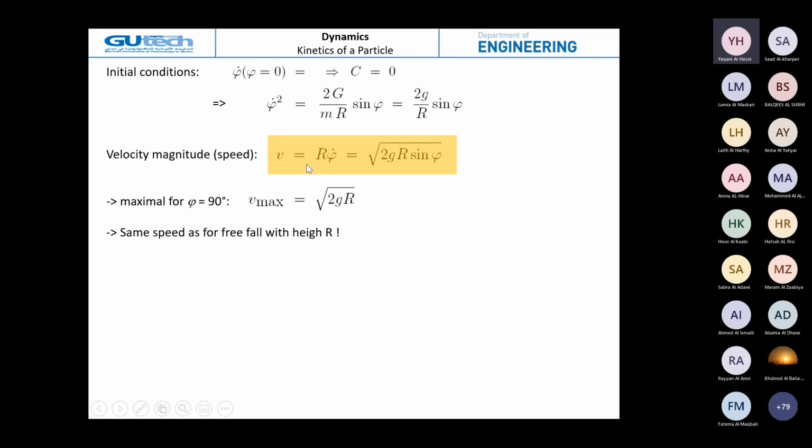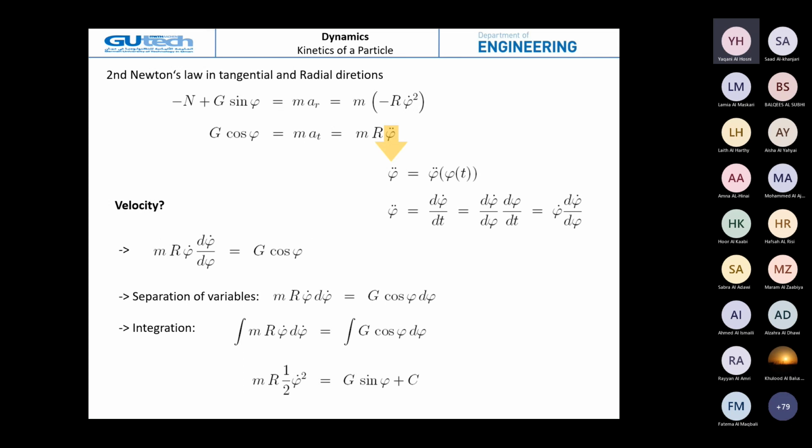R, the position, is only the radius. If we replace phi dot by its value, we get this magnitude. The maximum is for phi equal to 90 degrees.